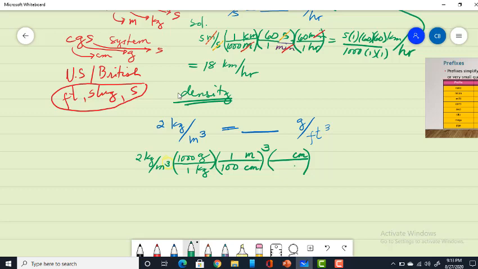How about using inch first? By the way, my purpose to use other units, not directly use the conversion to feet cube, is because I want you to get the concept and practice the conversion. Anyway, as long as this is multiplied to 1, this quantity or this magnitude remains the same.